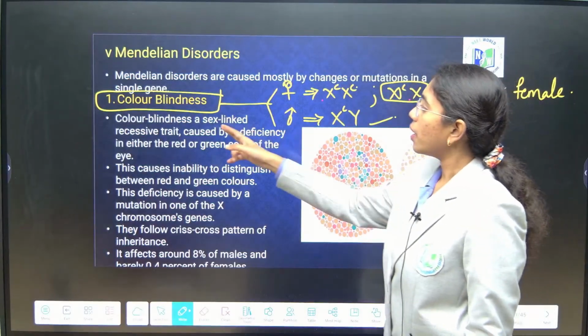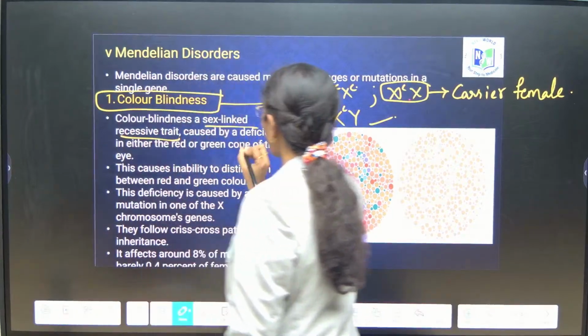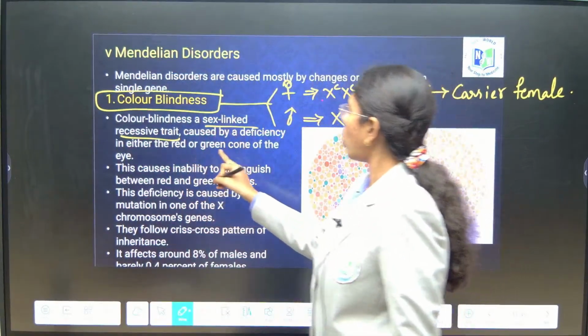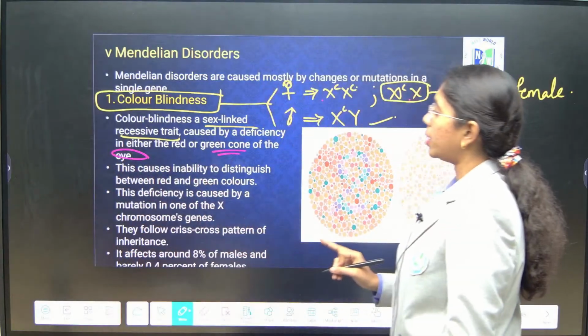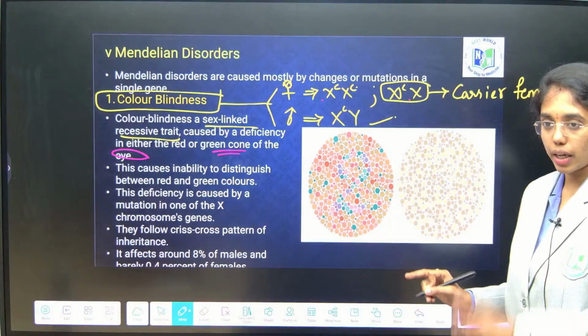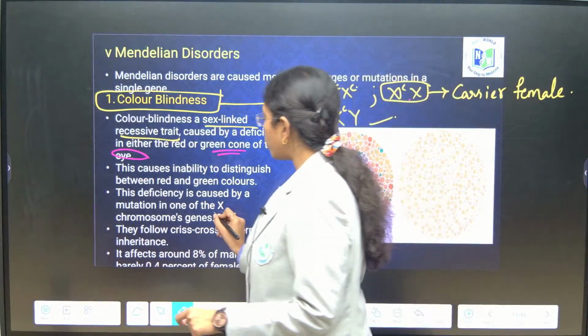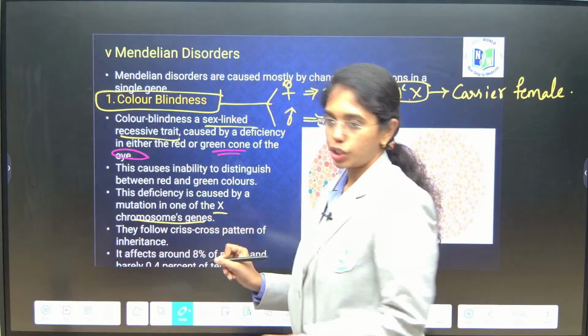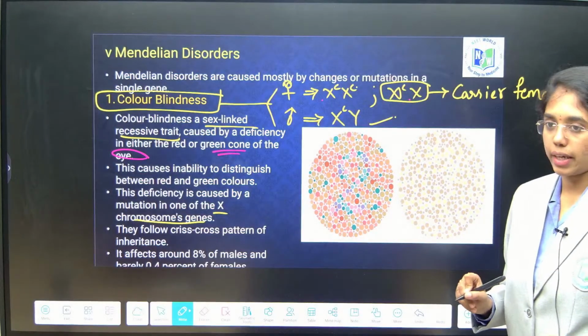So here you see, color blindness is an X-linked recessive trait caused by deficiency in either red or green cones in the eye. This causes inability to distinguish between red and green colors. This deficiency is caused by a mutation in one of the X chromosome's genes. They follow a crisscross pattern of inheritance.